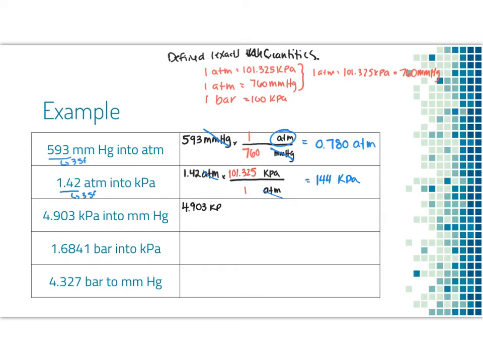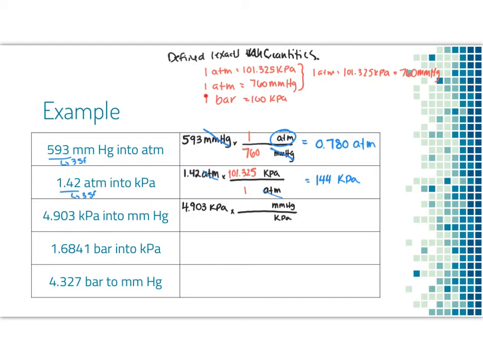4.903 kPa into millimeters of mercury. Now there's 2 ways you can do this one. So I'll go with my original here. So I'm going to get kPa on the bottom, and we need millimeters of mercury on the top. So these 2 conversions here aren't equal. We don't see that 101.325 kPa is equal to 760.